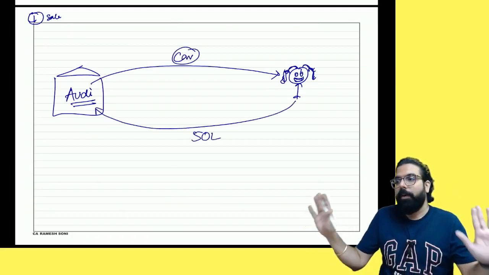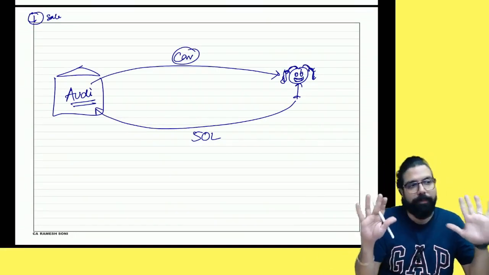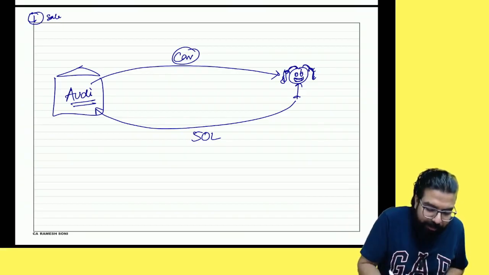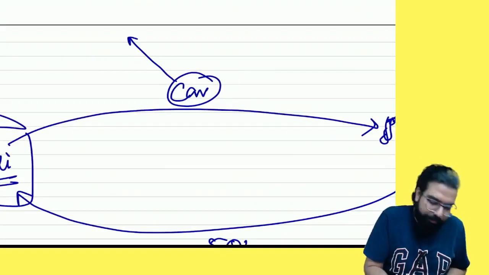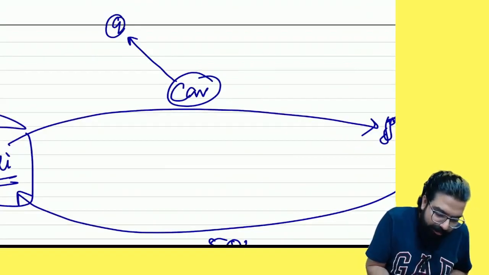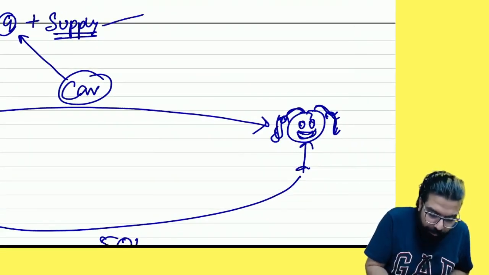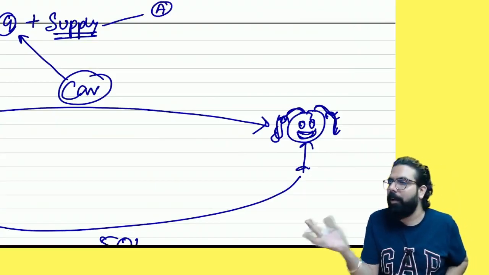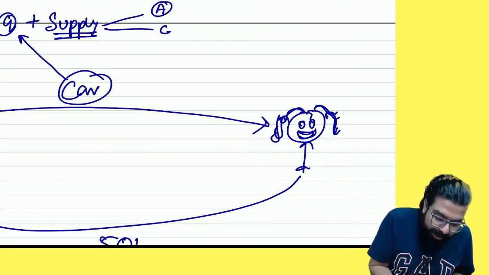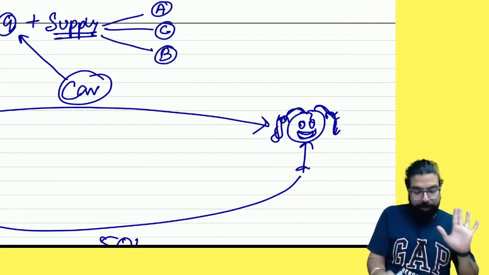People, now we have to identify whether this transaction is a supply or not a supply from the definition. Definition says, first of all, number one, is car goods or service? Done, everyone. Secondly, we have to see whether it is falling in the definition of supply. It should be a form, it should be an activity, it should be for a consideration, and it should be in the course of business.